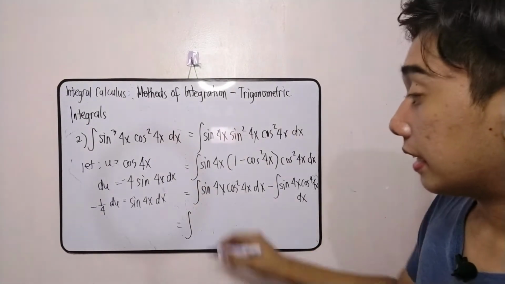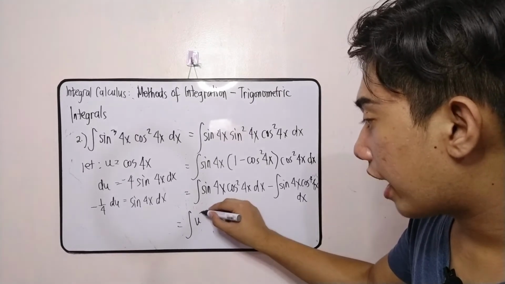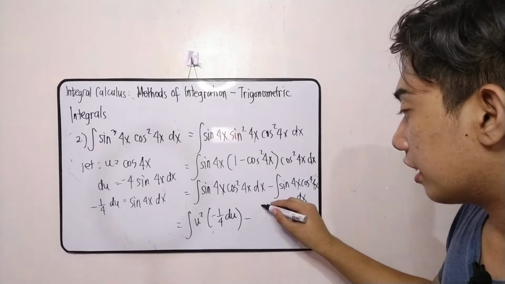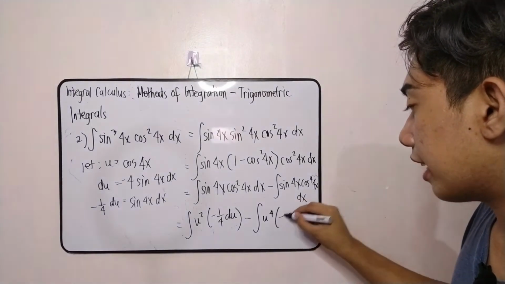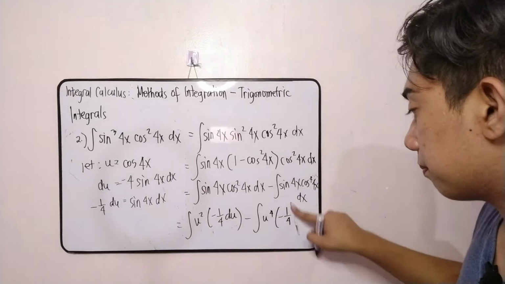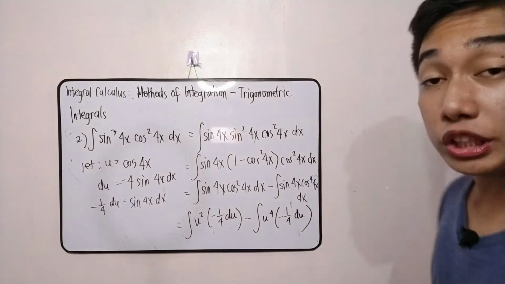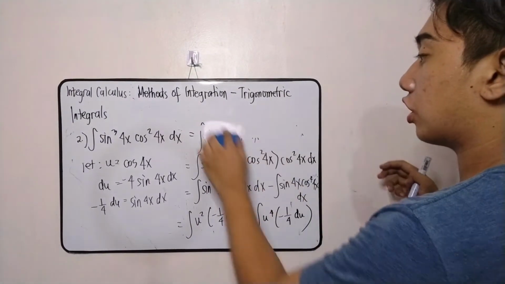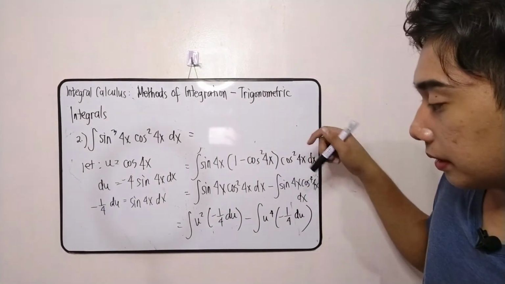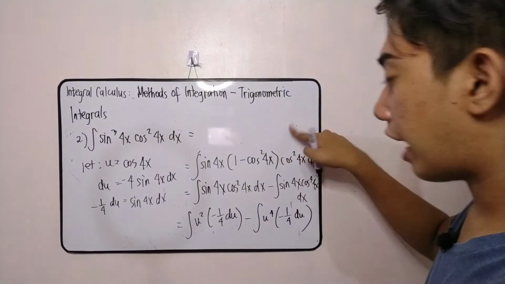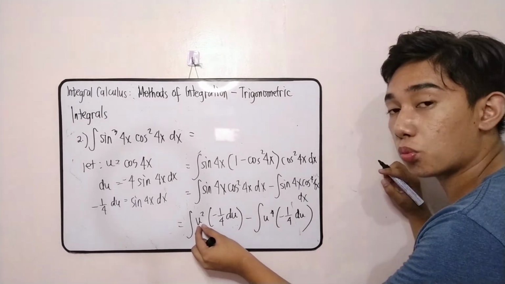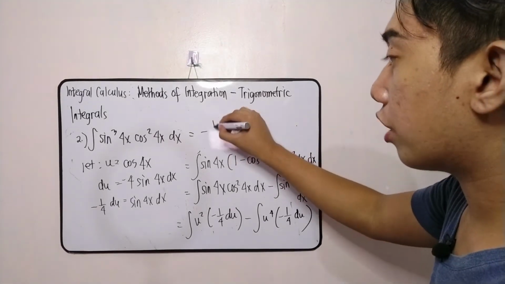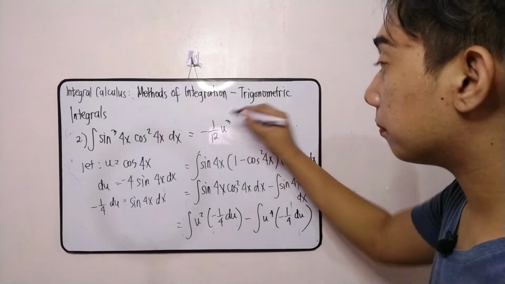So, we will simply transform everything. This becomes the integration of u squared times negative 1/4 du minus the integration of u raised to 4 times negative 1/4 du. Since we know already the basics, we will just skip na lang our process para mas madali. So, our answer now will be negative 1/4, and you know that we use power rule, this becomes 1/3 u cubed. If we multiply the constants, this becomes negative 1/12 u cubed.